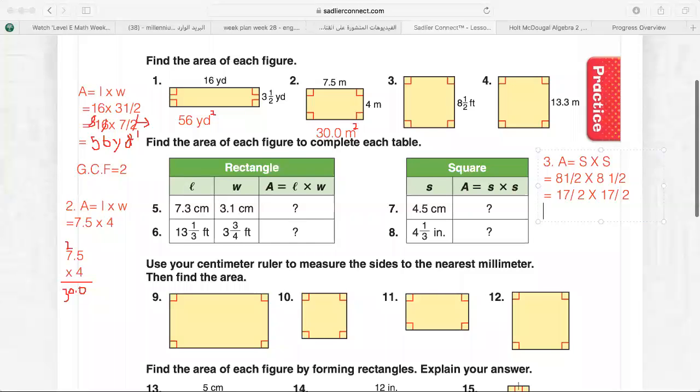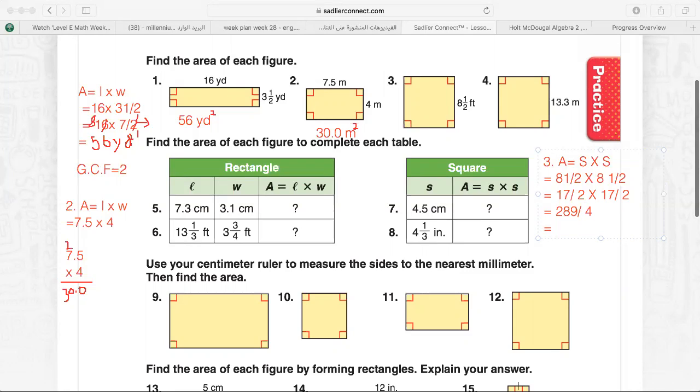You have to multiply the numerators together and the denominators together. You don't have a GCF in 2 and 17. So 17 multiplied by 17, I'm going to multiply the numerators together, 289, and the denominators together, 2 multiplied by 2 is 4.